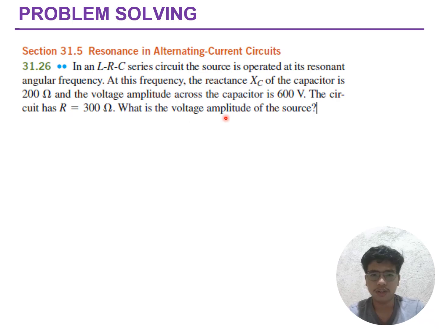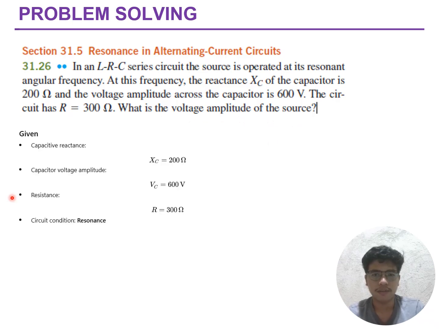What is the voltage amplitude of the source? So let us first list the givens: the capacitive reactance, 200 ohms, the capacitor voltage amplitude, 600 volts, the resistance, 300 ohms, and the circuit condition is resonance.